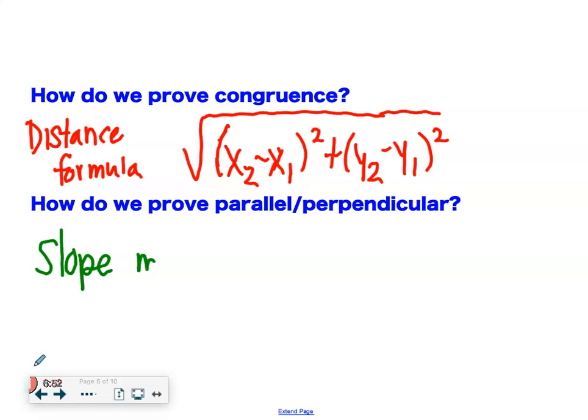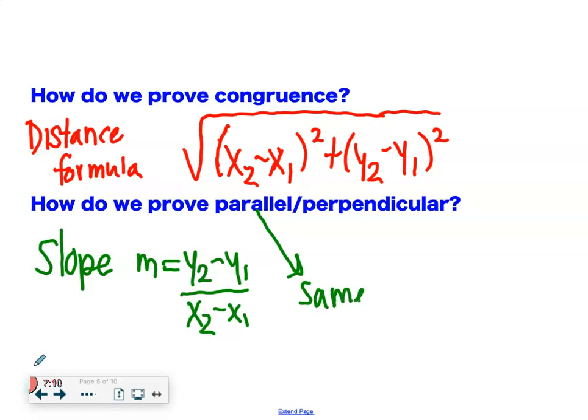Your slope formula: y2 minus y1 over x2 minus x1. If they're parallel, what do you know about your slopes? They're the same. If they're perpendicular, opposite reciprocal.